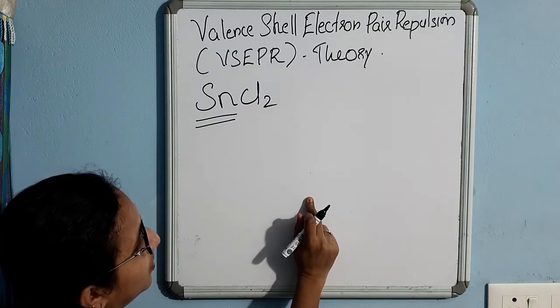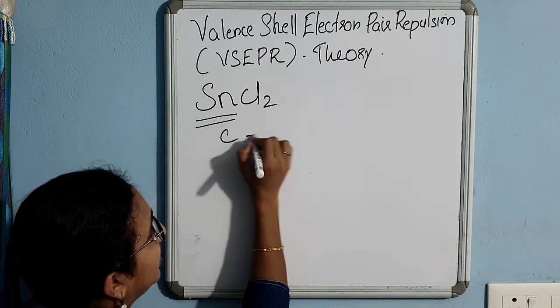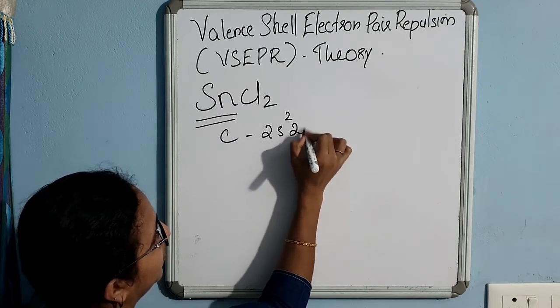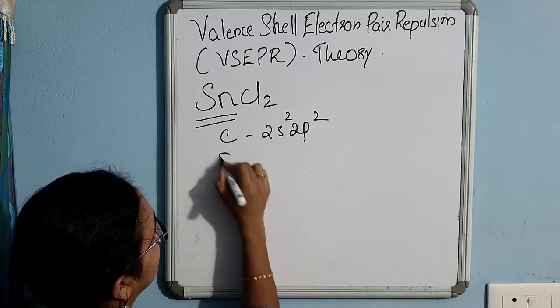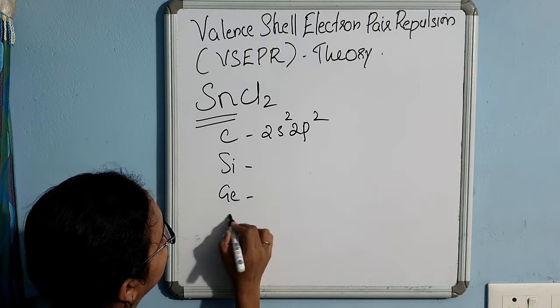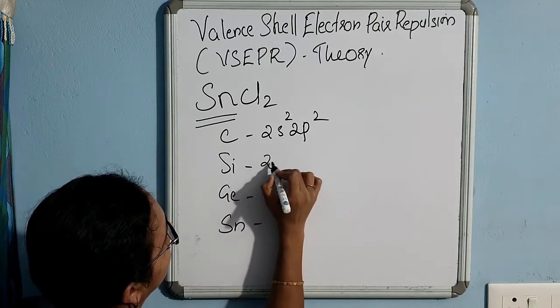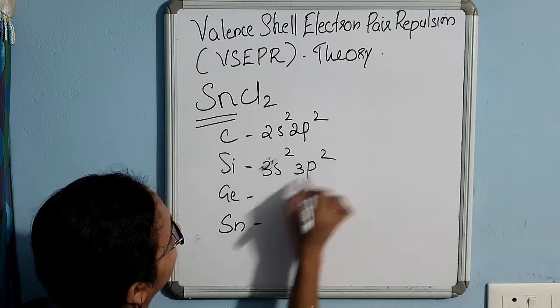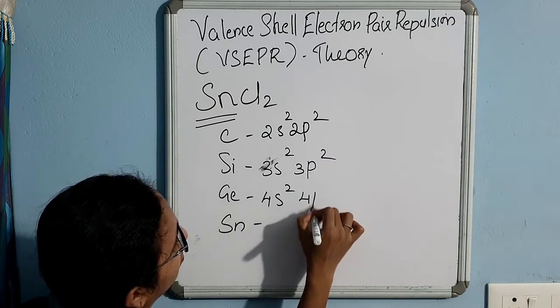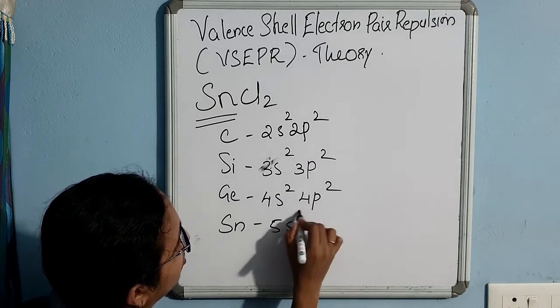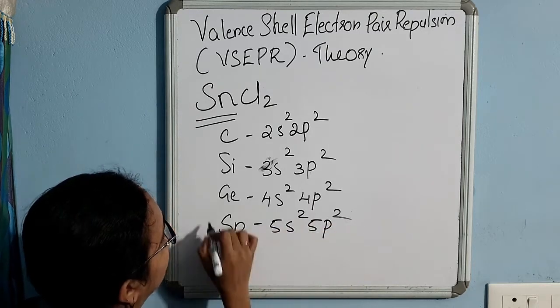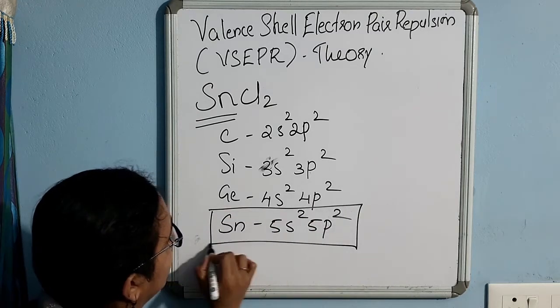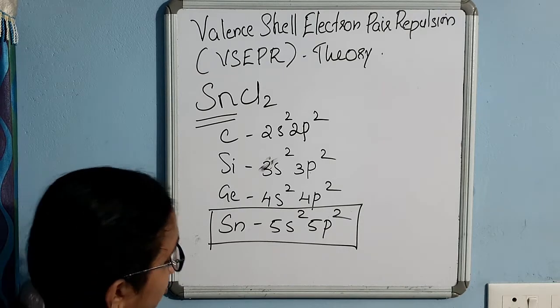The valence configuration for carbon is 2s2 2p2, and for silicon, germanium and tin it will be 3s2 3p2, 4s2 4p2 and 5s2 5p2. So the valence configuration of tin is 5s2 5p2.